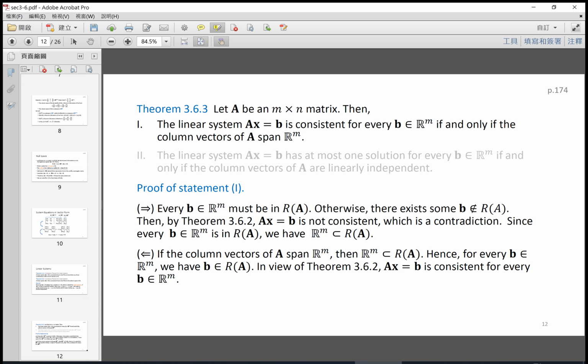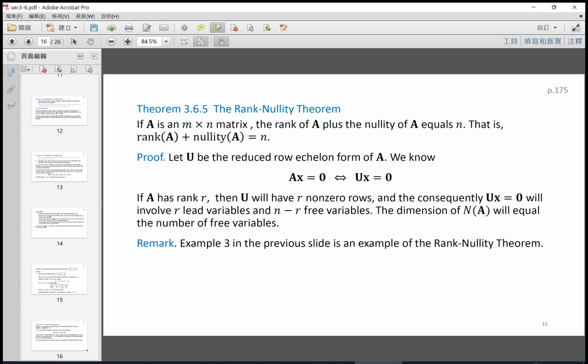Theorem 3.6.3 and also Theorem 3.6.5 are two well-known results for analyzing the solvability of linear equations.